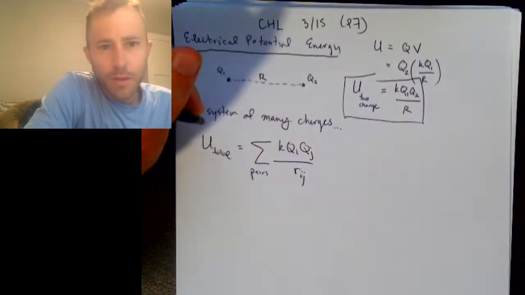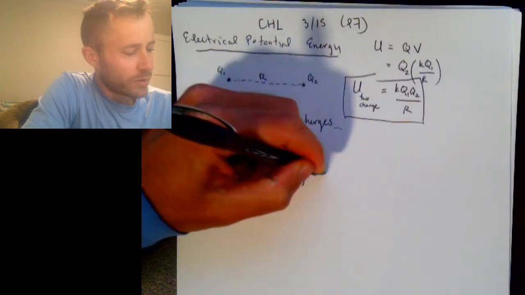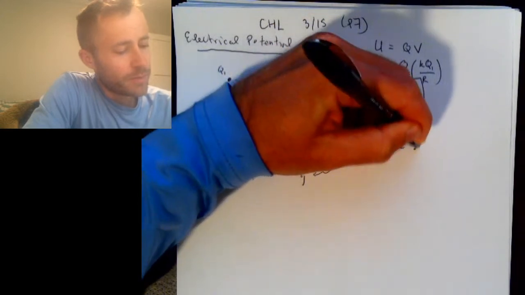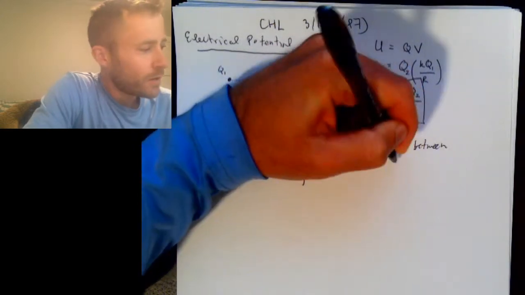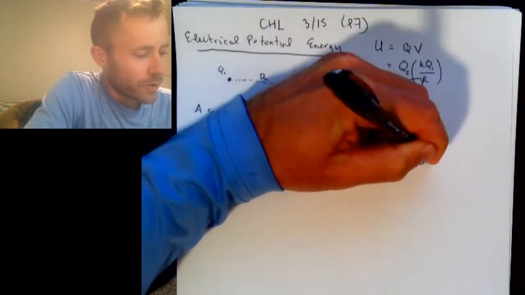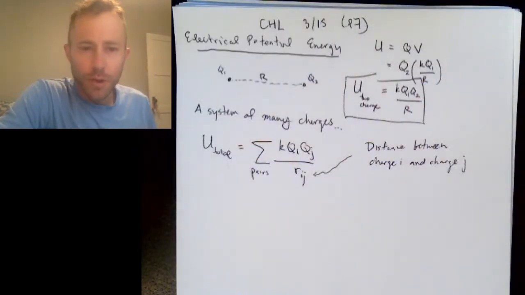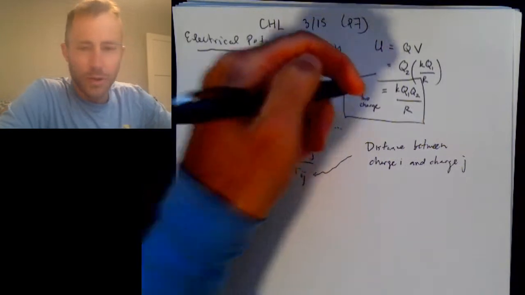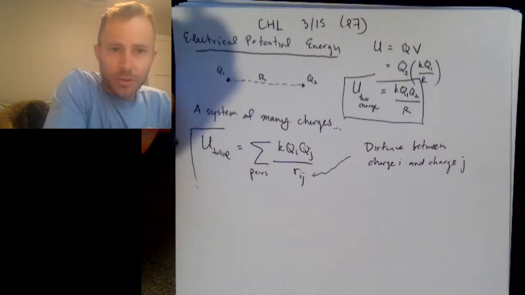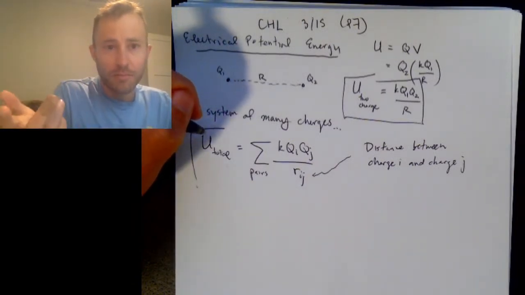So what is Rij? Well, Rij is the distance between charge i and charge j. All right, so we sum over all pairs. So it's just this equation summed up over all the individual pairs. You want to make sure not to double count. So the pair ij is the same as the pair ji, so you don't double count.